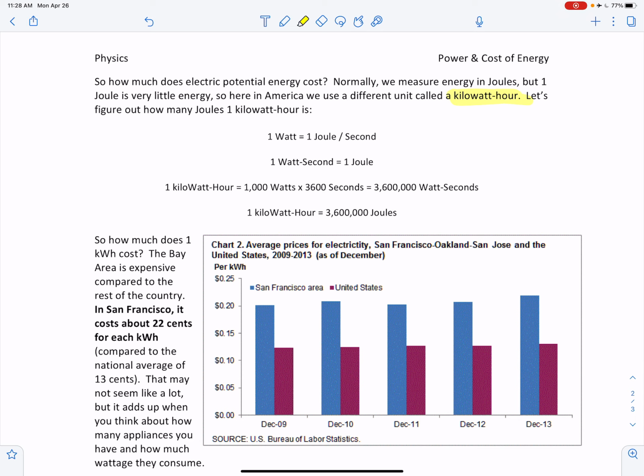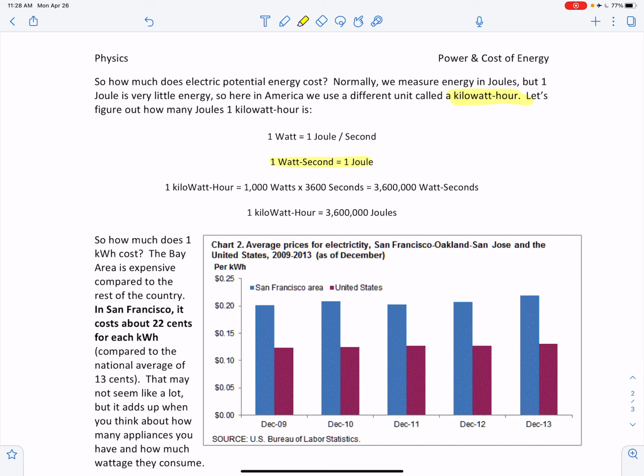So let's figure out how many joules 1 kilowatt hour actually is. Back from what we learned on the first page of this, by definition, 1 watt is 1 joule per second. If we rearrange that, multiply both sides by seconds, we get that a watt second is equal to a joule.